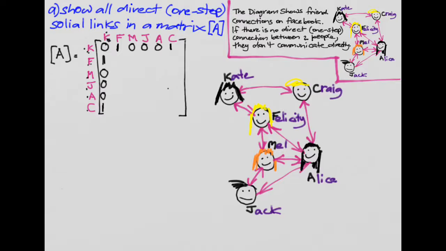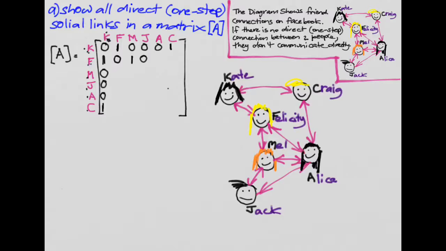Moving on to Felicity. So we go to the second row. Felicity can't communicate with herself, so that's a 0. Now, Felicity and Mel is a 1 because there's this direct communication here. Felicity to Jack is a 0 because remember we're talking about one-step direct communication here.